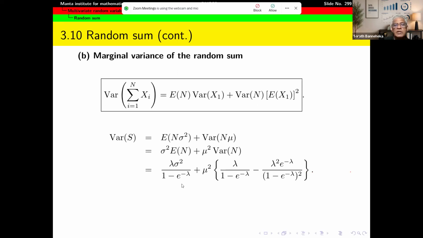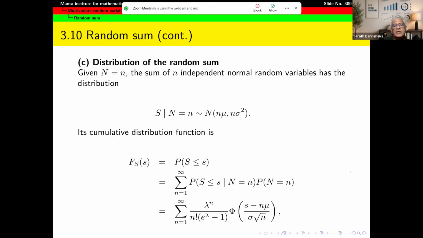The expected value of N is known, the variance of X1 is known, and the variance of N is known, and the expected value of X is known. Therefore, we get this expression as the variance of S. So those are the expected value and the variance.